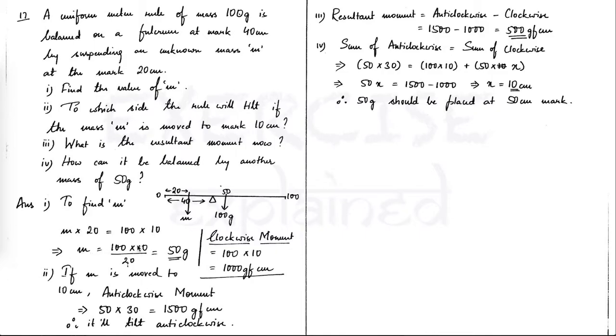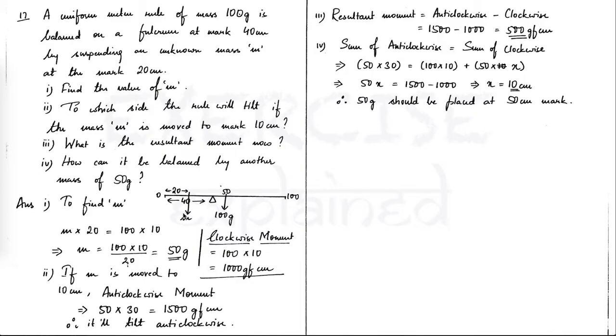So m will be 100 into 10 divided by 20. So that gives me 50 grams. 100 into 10 divided by 20, the zeros cancel and 2 into 50. So here we get 50 grams. So the value of m is 50 grams.